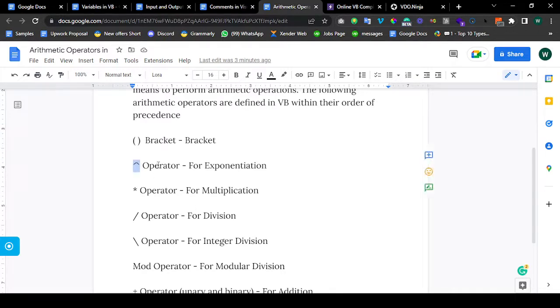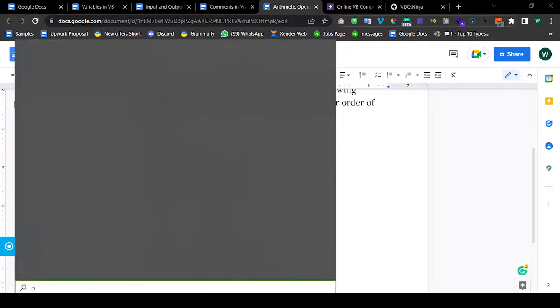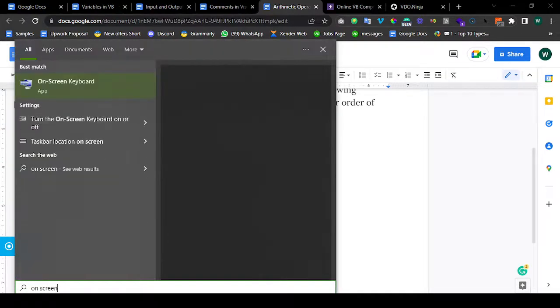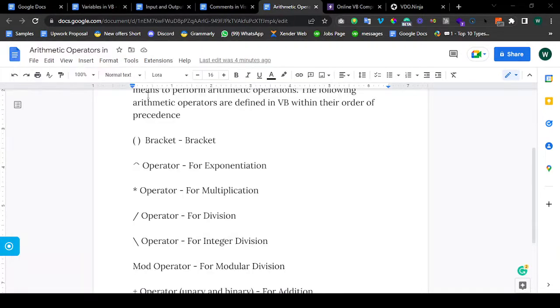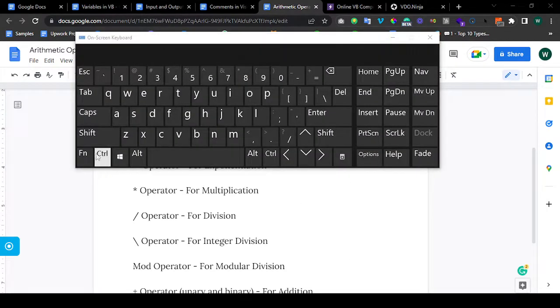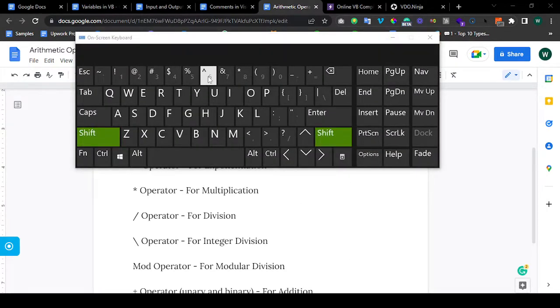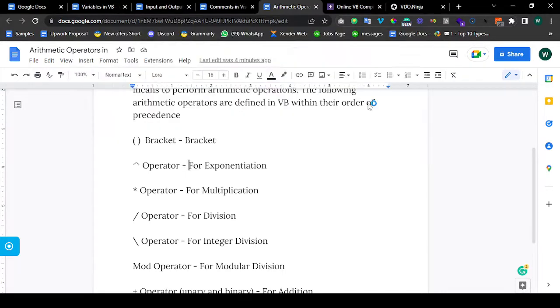Now we have the caret operator. The caret on a Windows keyboard is Shift 6. Let me see if I have my on-screen keyboard so I can show you. Okay, so normally the Shift 6, that is what the caret is going to be.